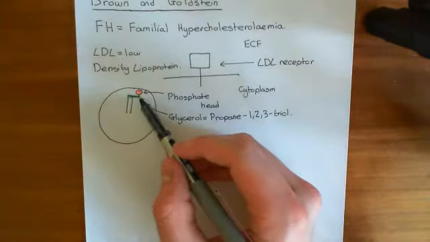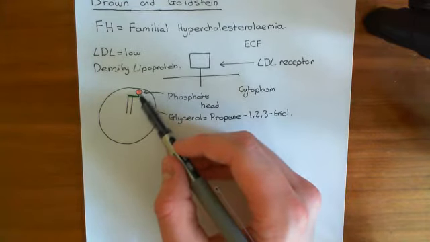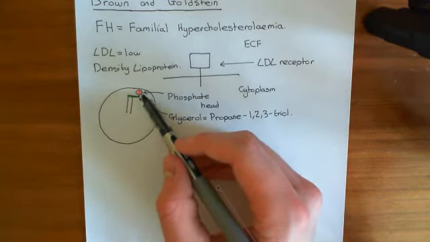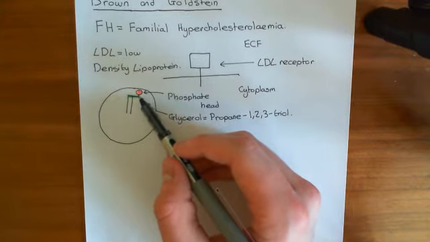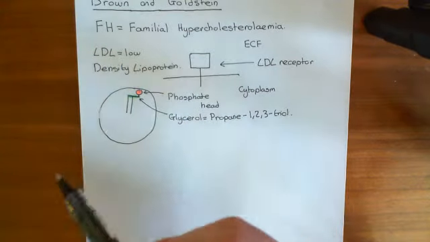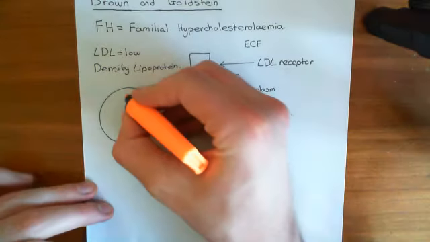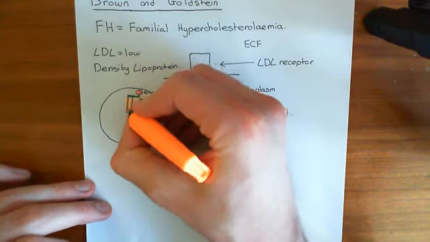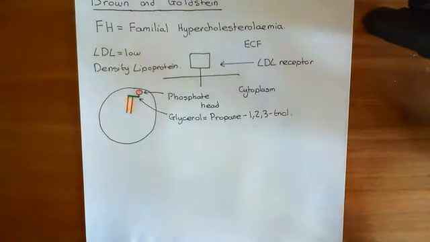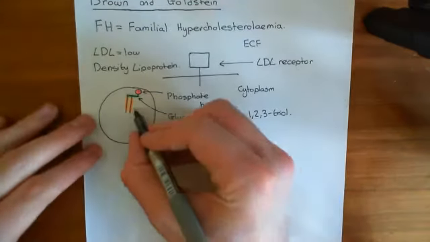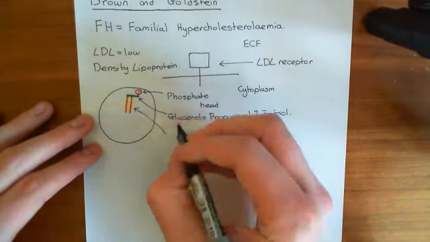Now, to this third carbon here, which has an alcohol group off, you esterify a phosphate group via a phosphate ester bond. And then to the first two carbons, hydroxyl groups, you instead esterify carboxylic acids, so long-chain carboxylic acids, or free fatty acids.